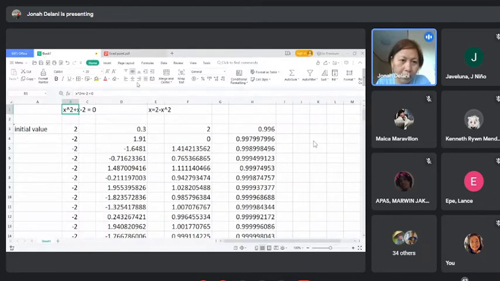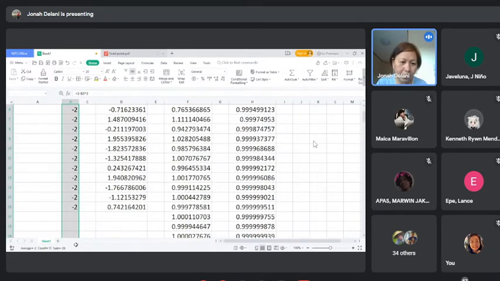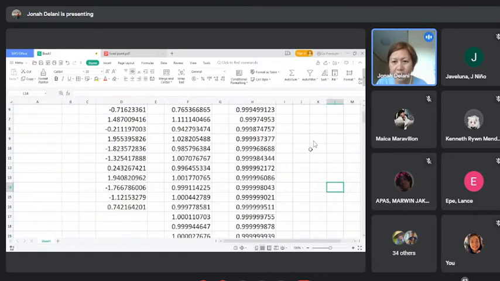So if I will implement this, I would have this formula. Notice, if I put the cell here, the formula appears. The formula is 2 minus x squared.